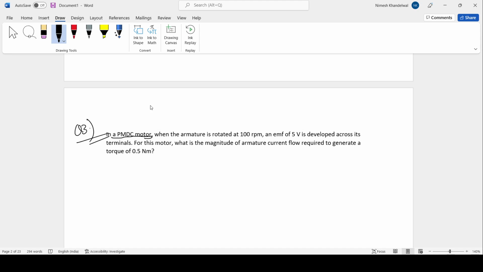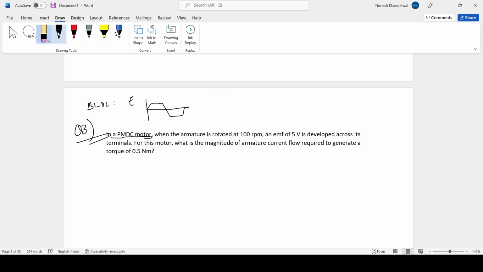For BLDC motors, the back EMF profile is trapezoidal, but for PMDC motors the back EMF profile is actually sinusoidal. Many people say that BLDC and PMSM motors are the same, but they're not. There is this difference in the profile of their back EMF.